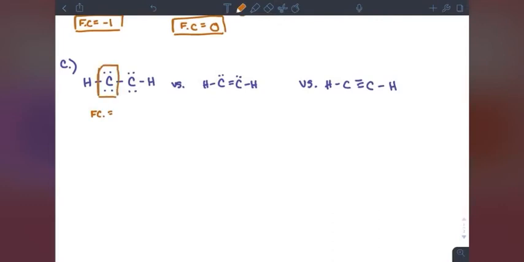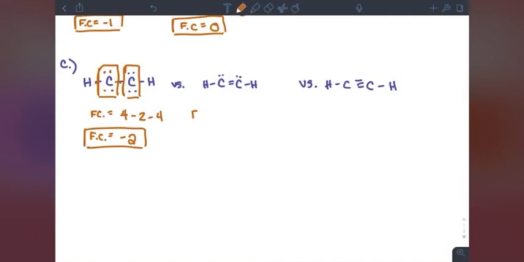Let's do this one. So the valence electron of carbon is 4 minus the number of lines, which is 2, minus the number of dots, 1, 2, 3, 4. So the formal charge would be -2 for the single bonded carbons. And it'll be the same for this one as well, -2.